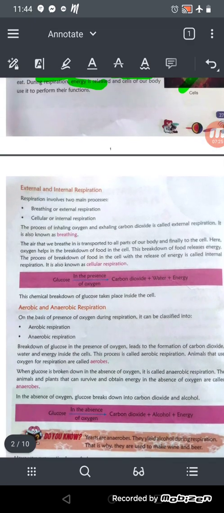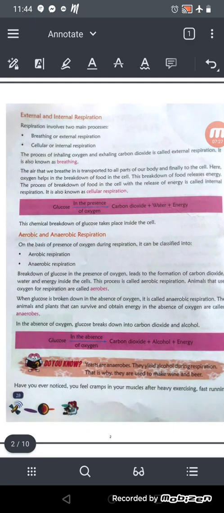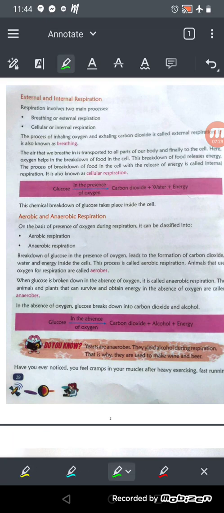Now see, there are two types of respiration. The first is external and the second is internal respiration. Respiration involves two main processes: external, meaning breathing, and cellular respiration, or internal respiration.